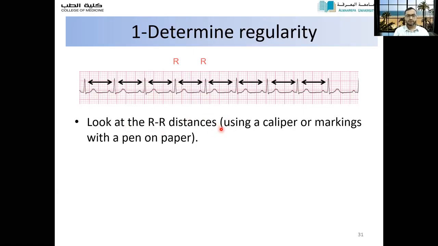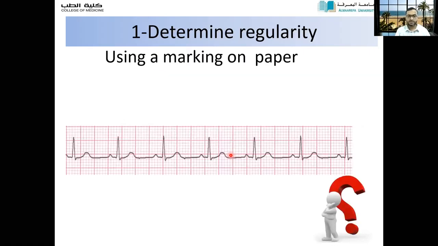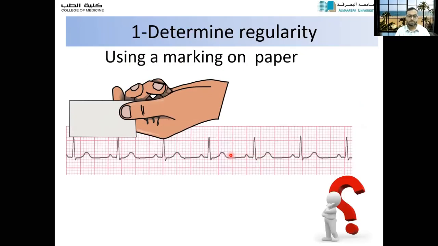How to measure the distance? Either you can use a caliper, or you can count the squares between the two R waves. But both these methods, by caliper as well as by counting the small squares, take a long time. So the easiest way is to take a piece of paper and put markings at one R wave and the second R wave.